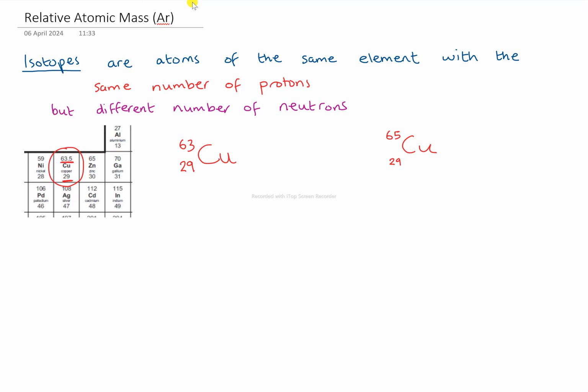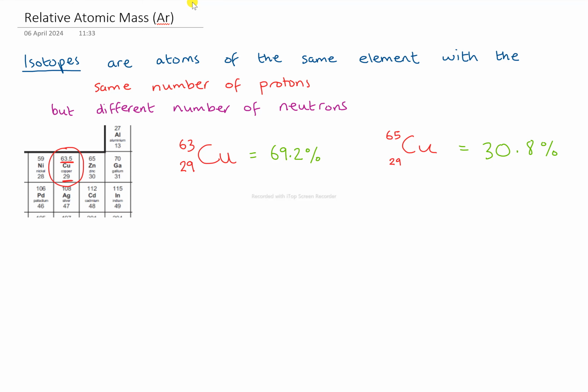So if you measured the percentage, you would get 69.2% copper atoms that are copper 63 and 30.8% which are copper 65.